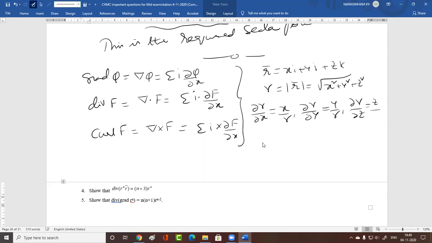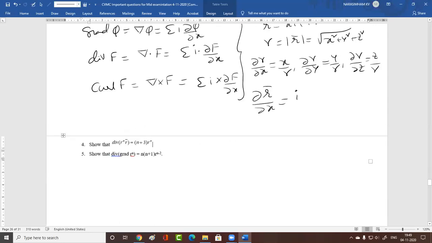Very simple: square on both sides and take the partial derivative with respect to x, y, z, and you get these 3. In a similar way, dou r bar by dou x equals i. So we will use these results for solving the remaining questions.